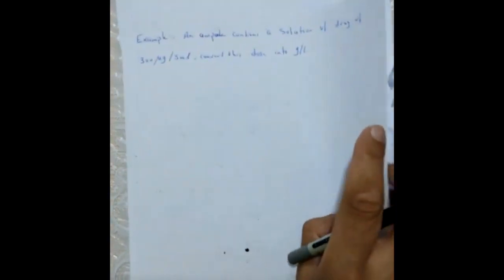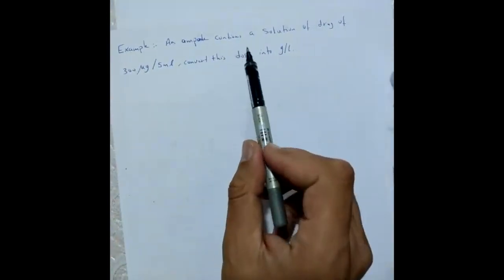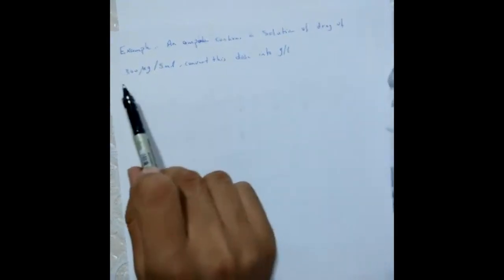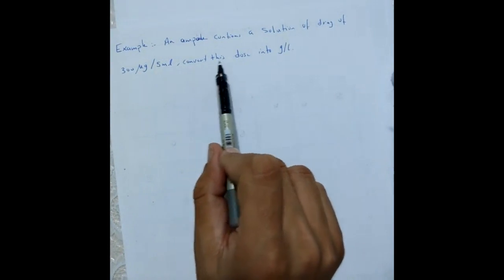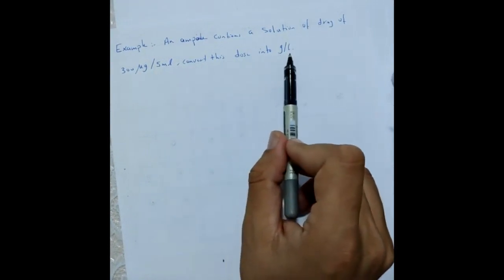The last example that we have, hopefully I have it here somewhere. The last example is an ampoule containing a solution of a drug, 300 microgram over 5 milliliter. Convert this dose into gram per liter.